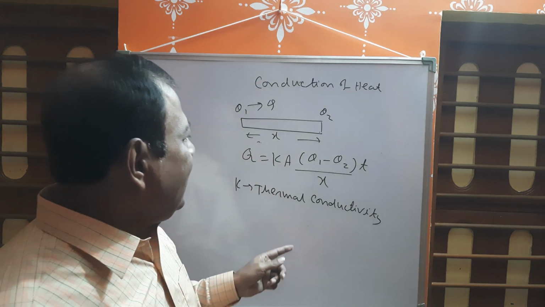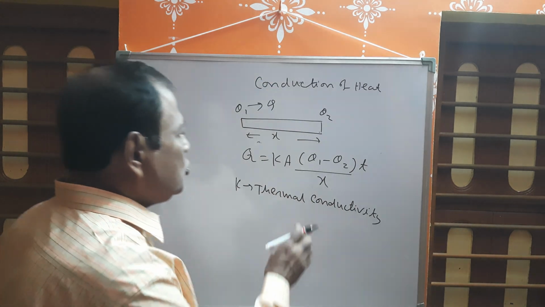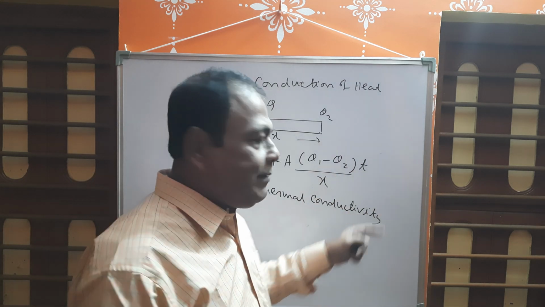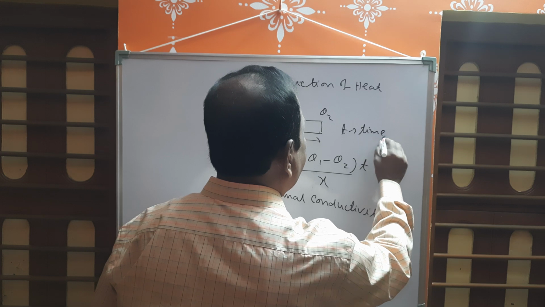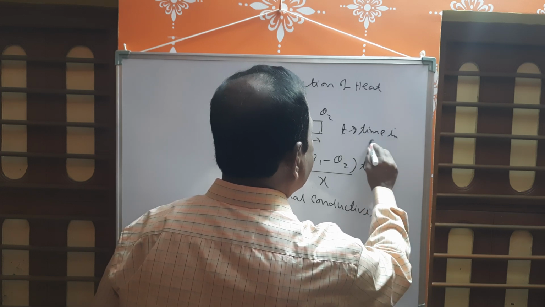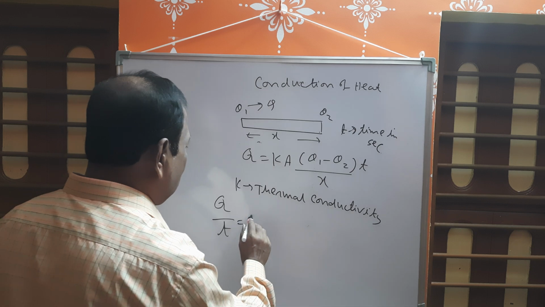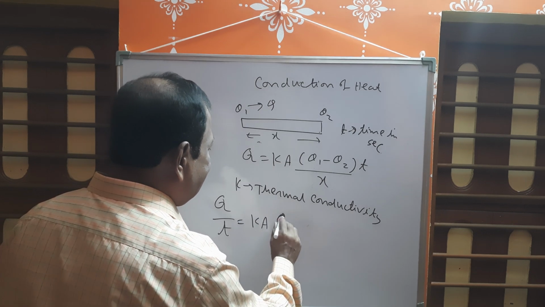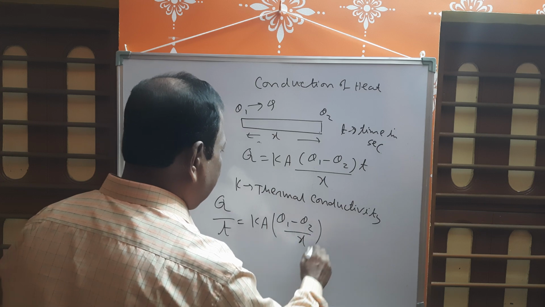So this equation is called the heat flow equation. Here t is the time in second. So Q by t is equal to K A (theta 1 minus theta 2) by x.